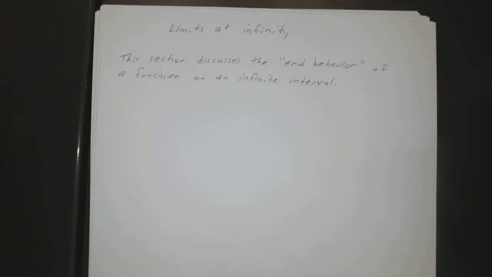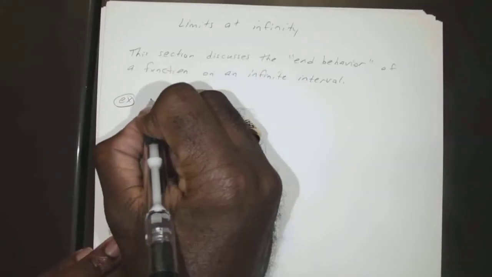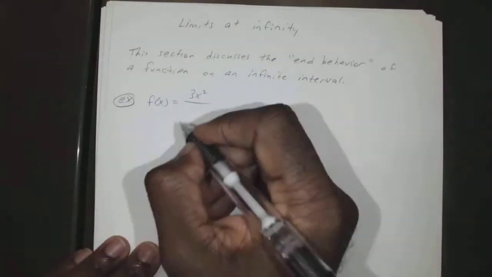Okay. So say, for example, just to kind of visualize it, let's say you have f of x equals 3x squared over x squared plus 1.